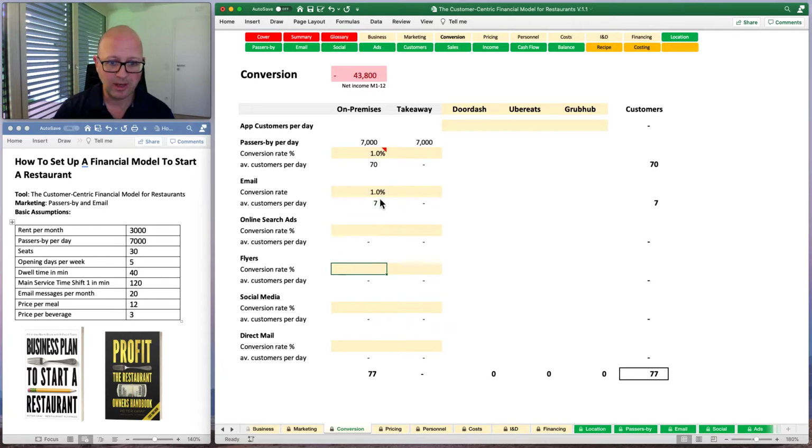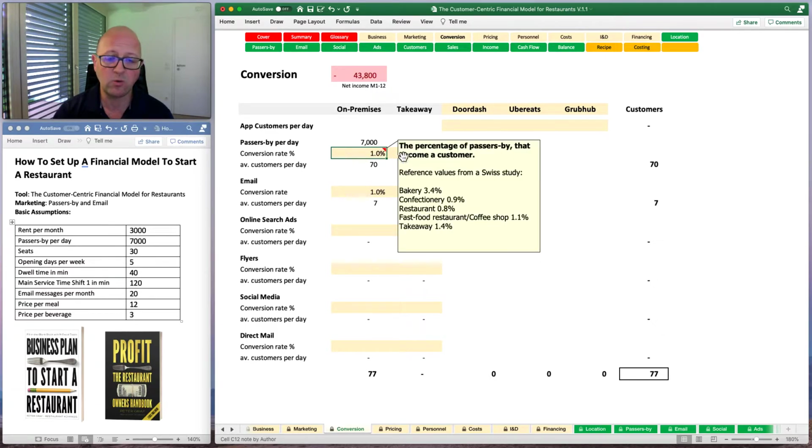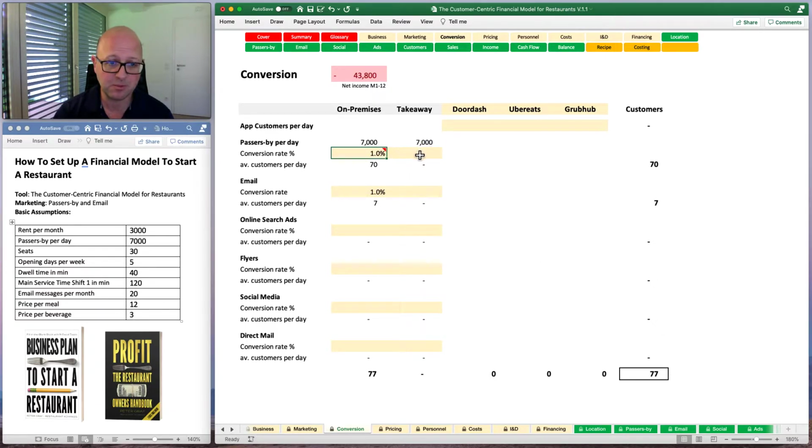So the other marketing possibilities we just leave blank, and as we see, our system already gives us some customer data. So we know from the passers-by and from the conversion rate that on average we will have 70 customers per day because of our passers-by, and an additional 7 customers per day because of our email marketing.